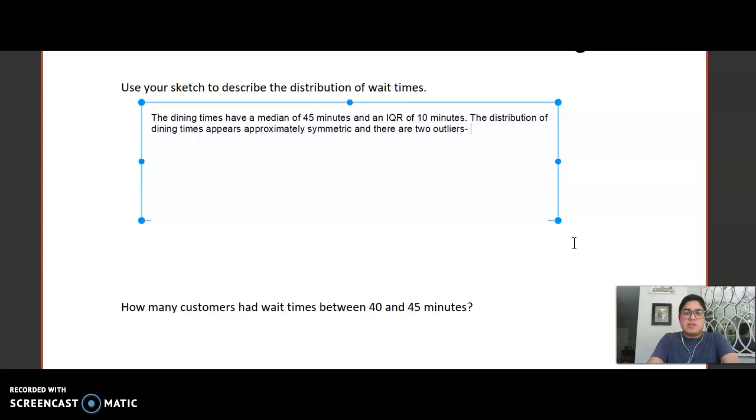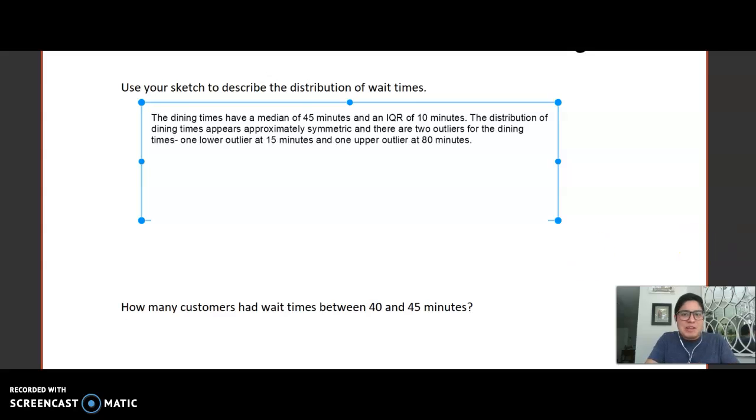One lower outlier at 15 minutes and one upper outlier at 80 minutes. And there are 2 outliers for the dining times.